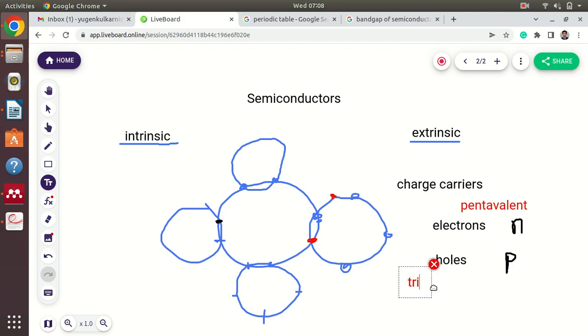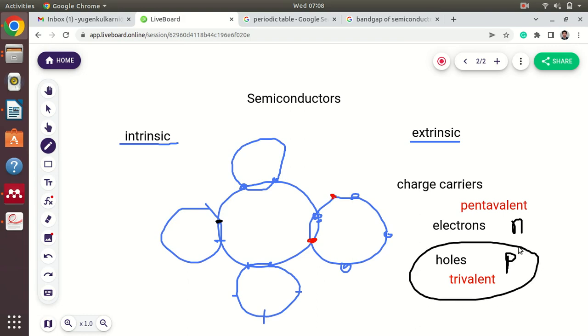And when we add a trivalent material, where the valence is 3, meaning the number of electrons in the outermost orbit is 3, the number of holes is more, or the number of electrons is less. So if we add a pentavalent impurity, this becomes an n type semiconductor. These are called extrinsic semiconductors, both n and p. And these are charge carriers: the electron is a charge carrier and holes are charge carriers.